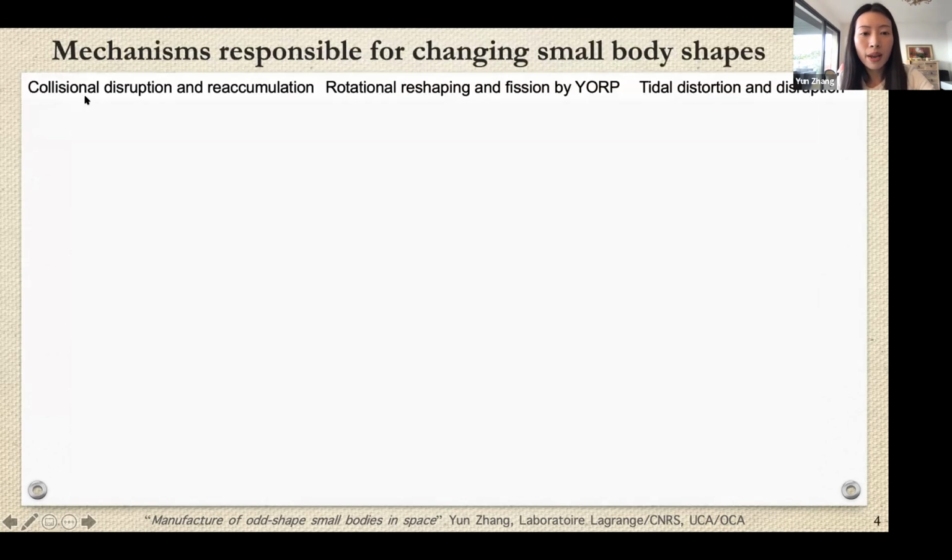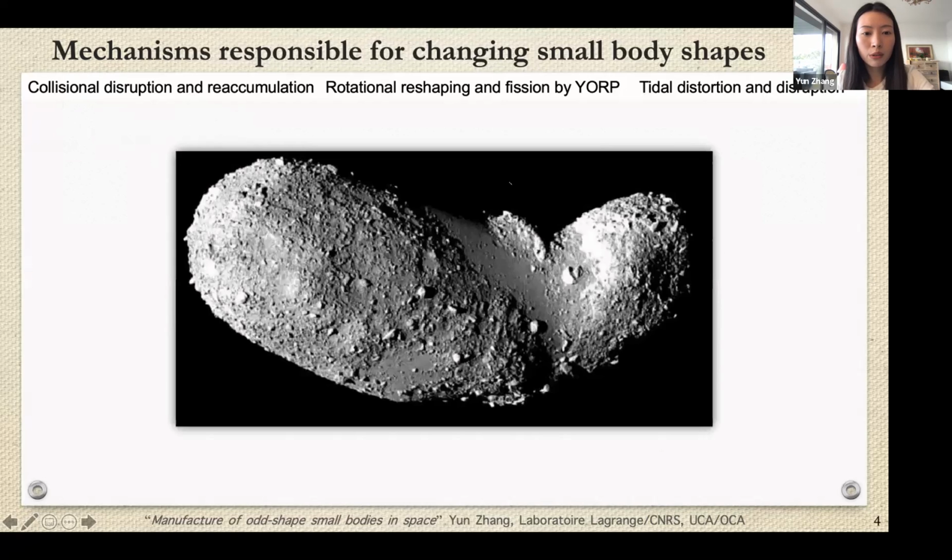But for many asteroids and comets, the dynamical and collisional environment is very chaotic and active. Generally, their current shapes are formed through various processes of collisional evolution, which induce the body to be a reaccumulated aggregate after the collision.